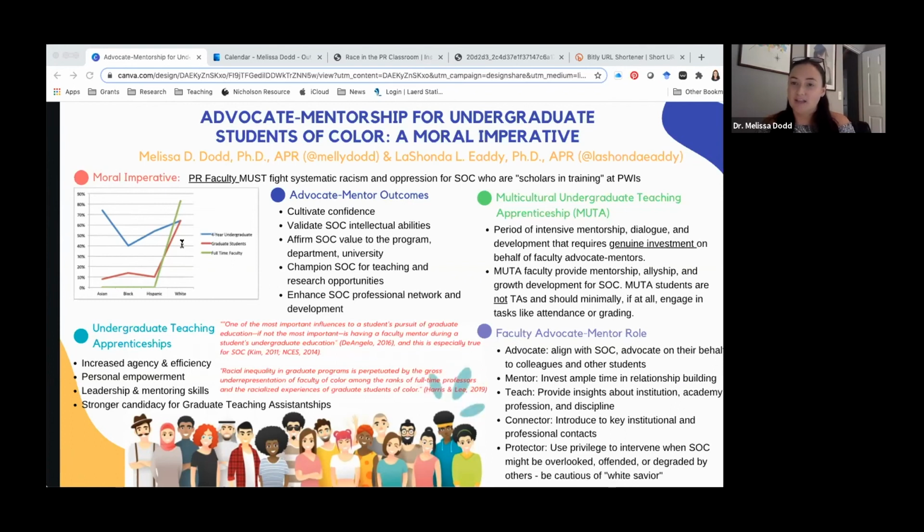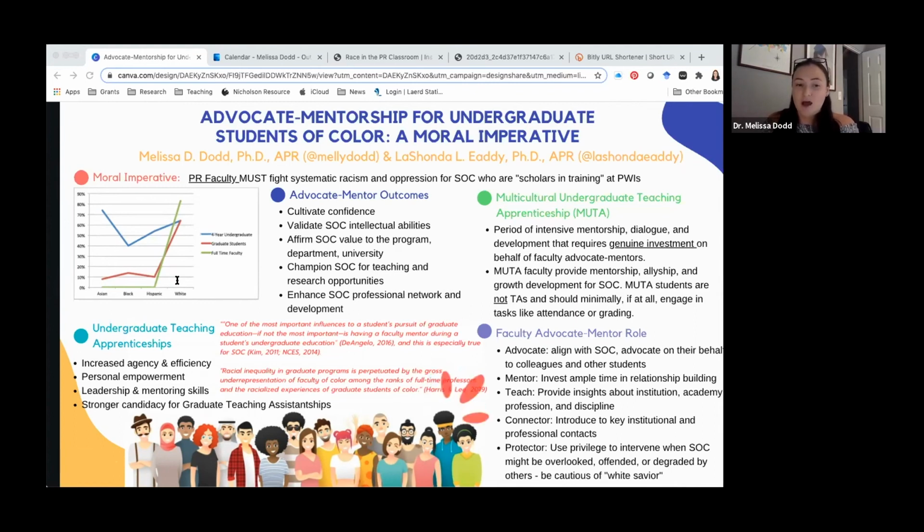And in this case, if we apply that to marginalized populations and students of color, the hope is that we can encourage and see through these students of color from the undergraduate level to the graduate level, and then on into faculty careers. We as public relations educators have access to students of color at the undergraduate level. We can reach out to them and serve as a mentor to them.